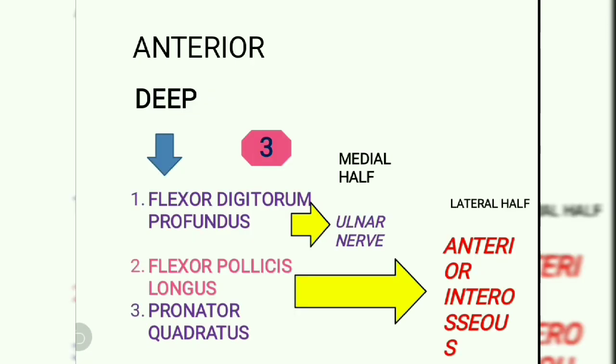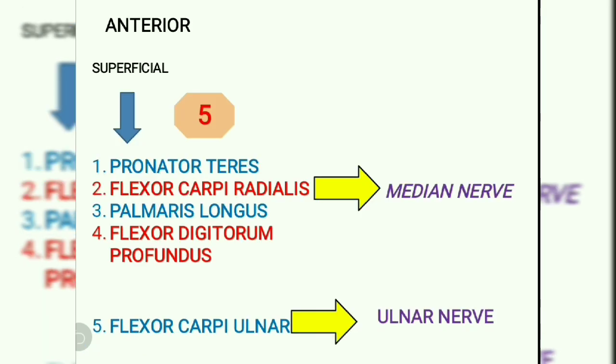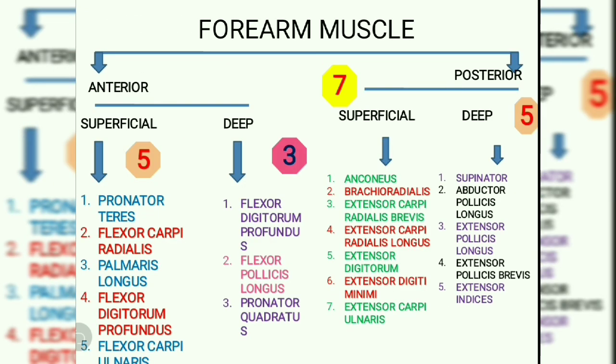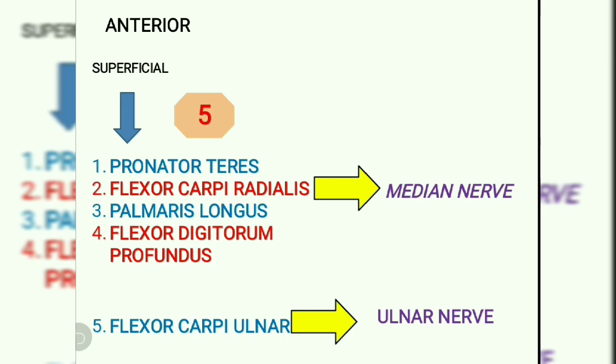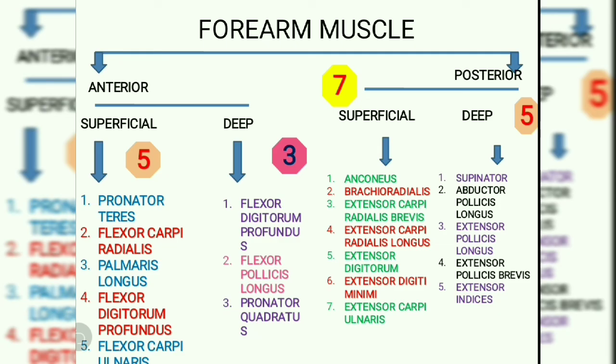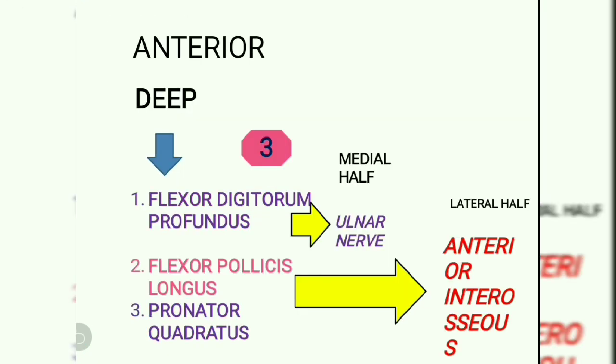That is, if we can see here, forearm muscles, at the anterior compartment, superficially out of 5, 4 muscles are supplied by the median nerve, and the last one is supplied by the ulnar nerve. Again, at the deep muscles, the medial half of the FDP is supplied by the ulnar nerve, and the lateral half of the FDP, the FPL and PQ are supplied by the anterior interosseous nerve.